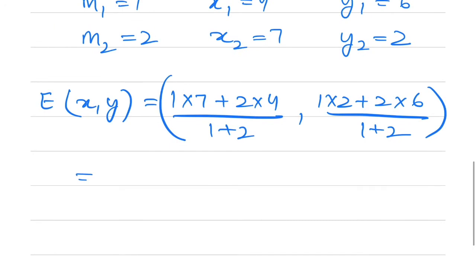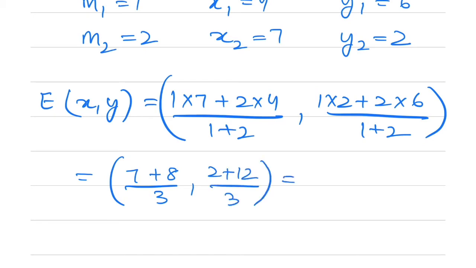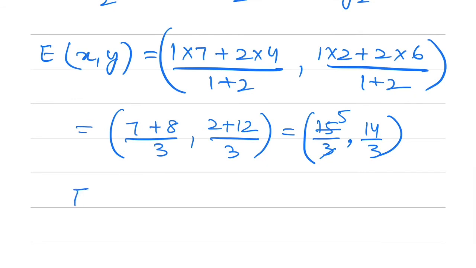So this is equal to (7 plus 8) divided by 3 and (2 plus 12) by 3. So this is equal to 15 by 3 and this is 14 by 3. So this is 5. So coordinates for point E are 5 and 14 by 3.